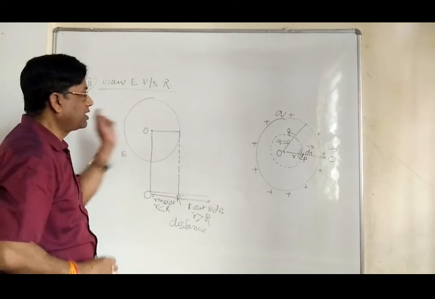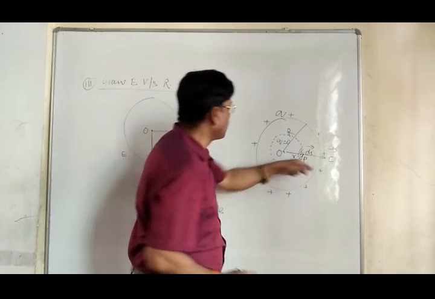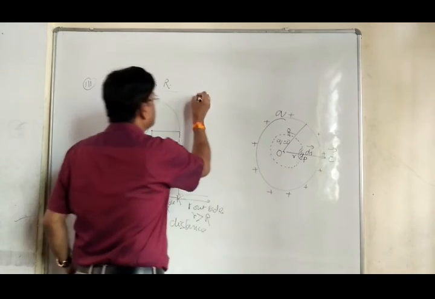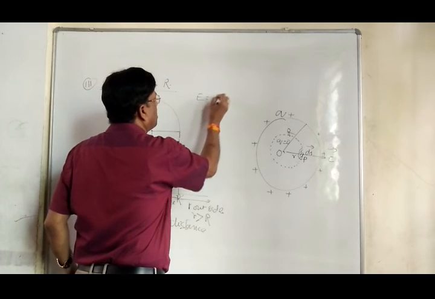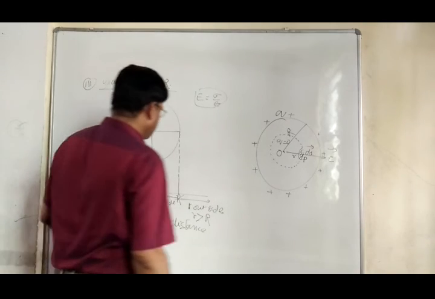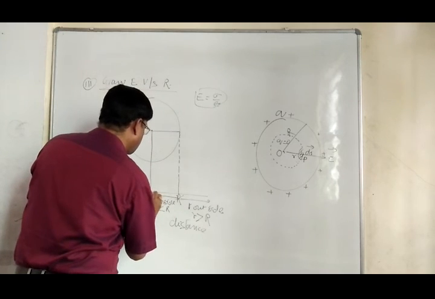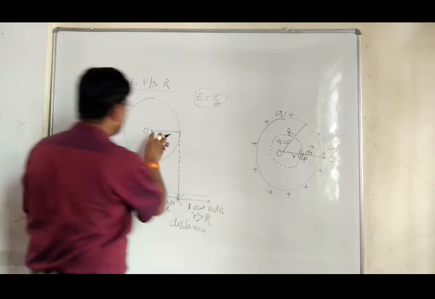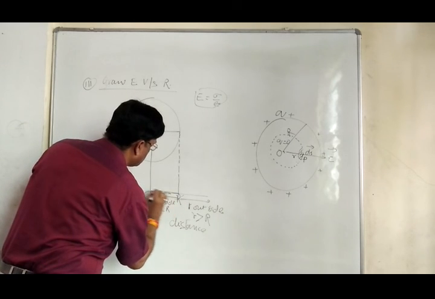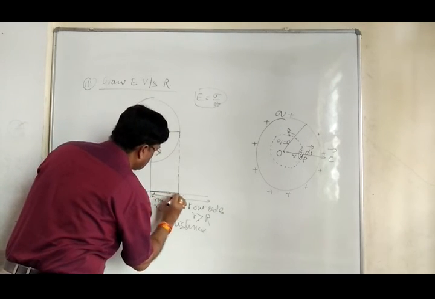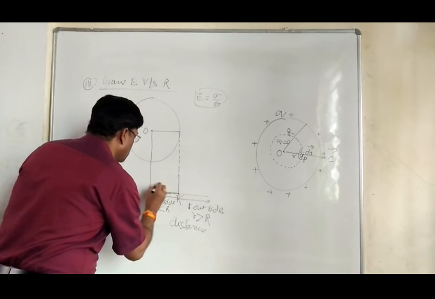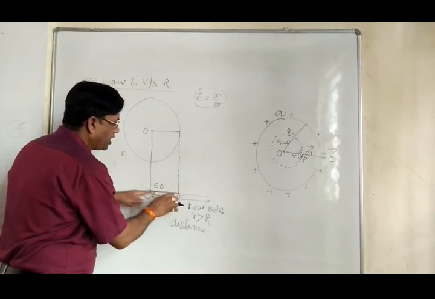Then what we have seen when we find E at the surface, what was the formula? E at the surface is sigma upon epsilon naught. And E inside from O to this is 0. Thereafter, E is equal to 0 from the origin to this point.